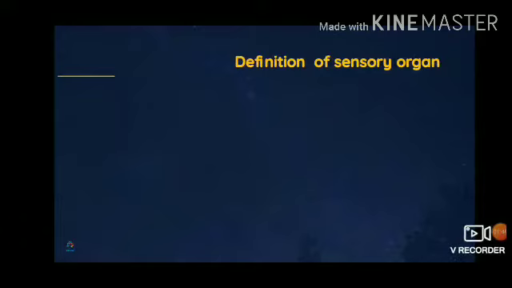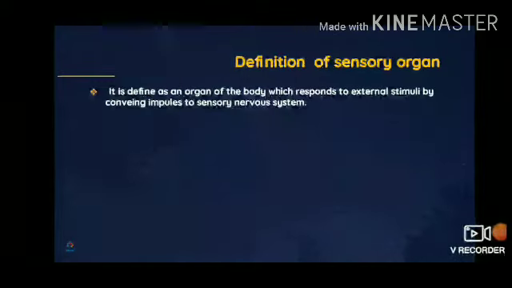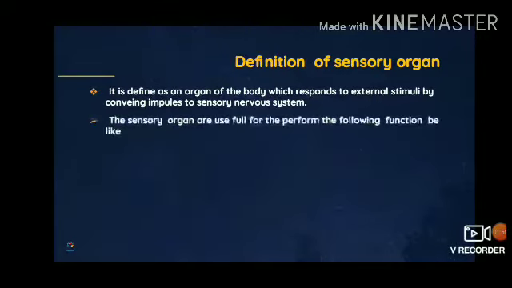It is defined as an organ of the body which responds to external stimuli by conveying impulses to the sensory nervous system. The sensory organs are useful to perform the following functions like taste, smell, hearing, touch and sight.